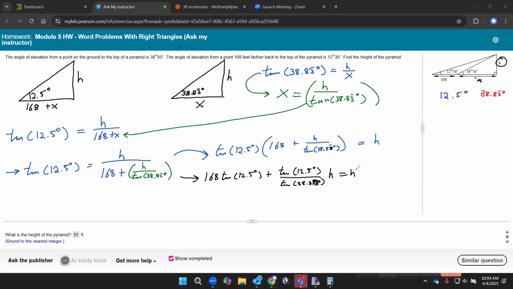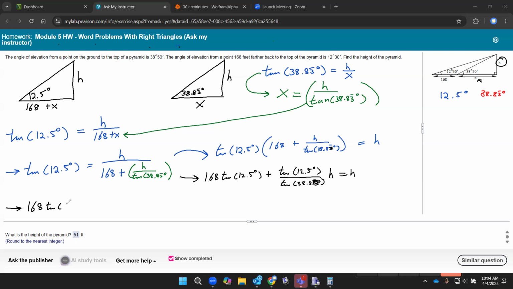Now what we have to do is put everything that has something to do with h on one side, factor out the h, and then divide by the unknown. Okay, I'm going to try to give you a general formula when I'm done, but you have to watch me walk around here a little bit to get there.